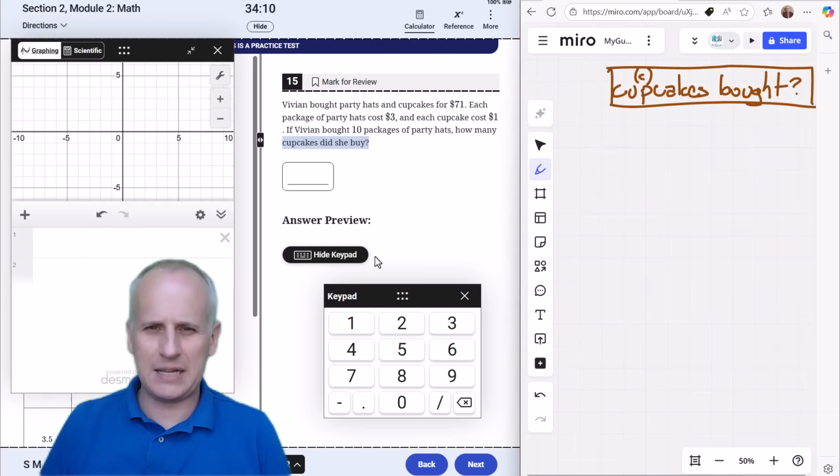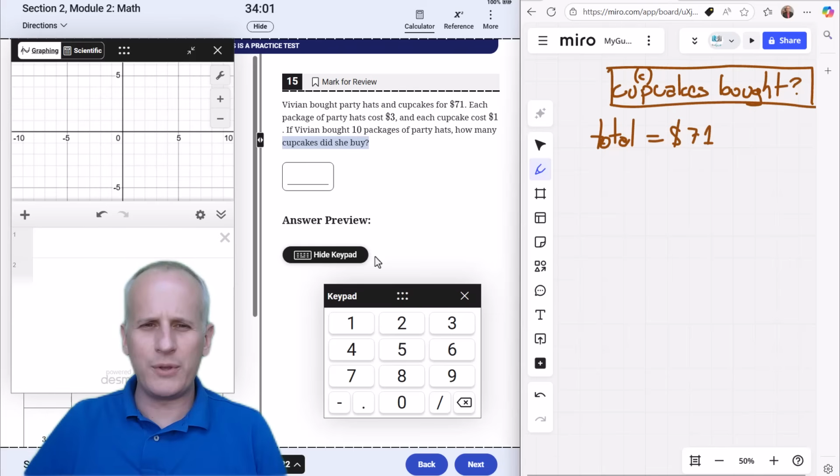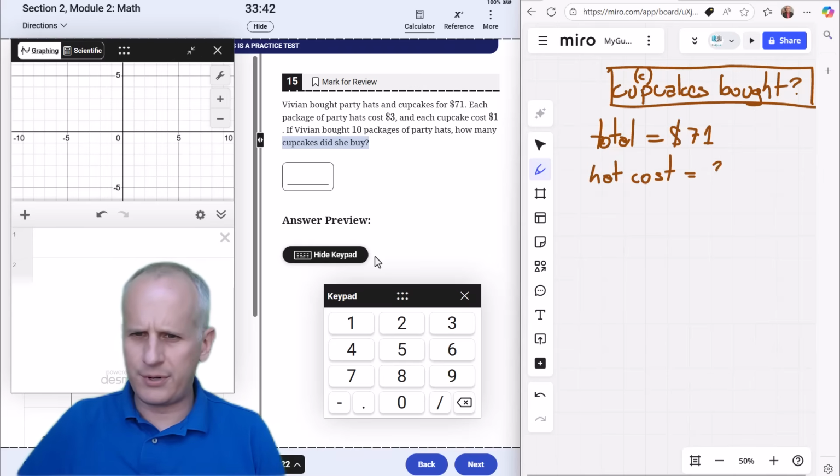So party hats and cupcakes were bought for a total of $71. So I'm going to just write total equals $71. And we know each package of party hats cost $3 and each cupcake cost $1. I probably don't even need to write that down. We can keep track of it. And it says that Vivian bought 10 packages of party hats. So we know that the hat cost is going to be equal to 3 times 10, which is equal to 30.